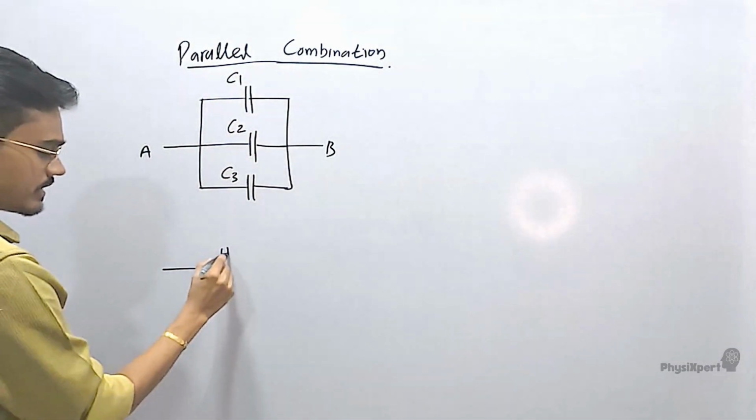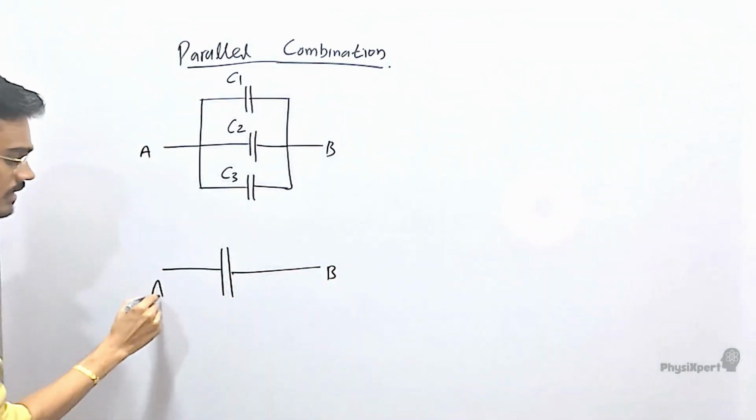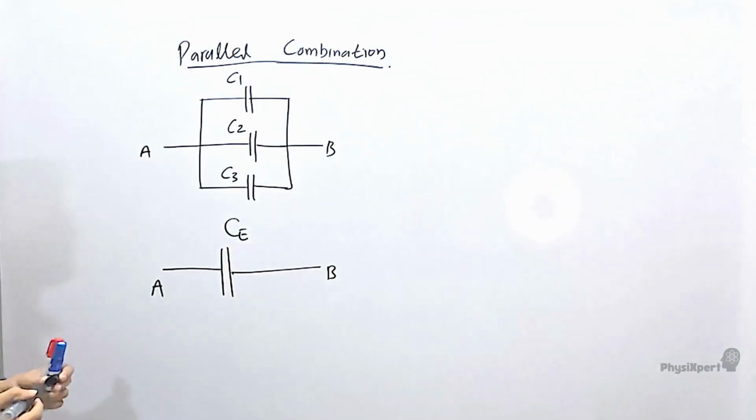The equivalent should also be between A and B, say CE.